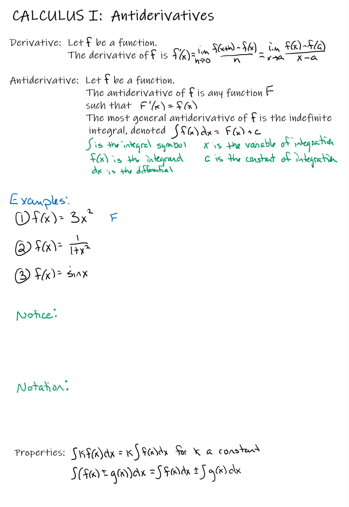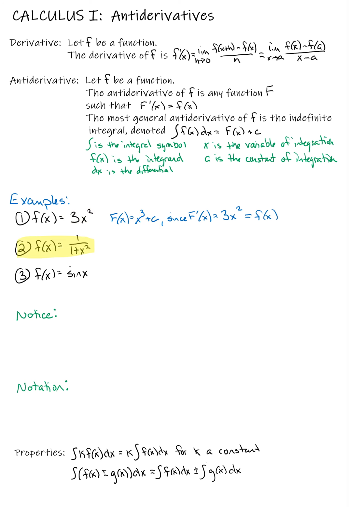Well, it turns out that if I take the function x cubed plus a constant, and that could be any constant, when we take its derivative, we end up with 3x squared plus 0, which, by the way, is lowercase f of x. So again, the idea is I'm trying to find a function. When I take its derivative, I come up with my original function. So if I take the derivative of x cubed plus c, we end up with 3x squared.